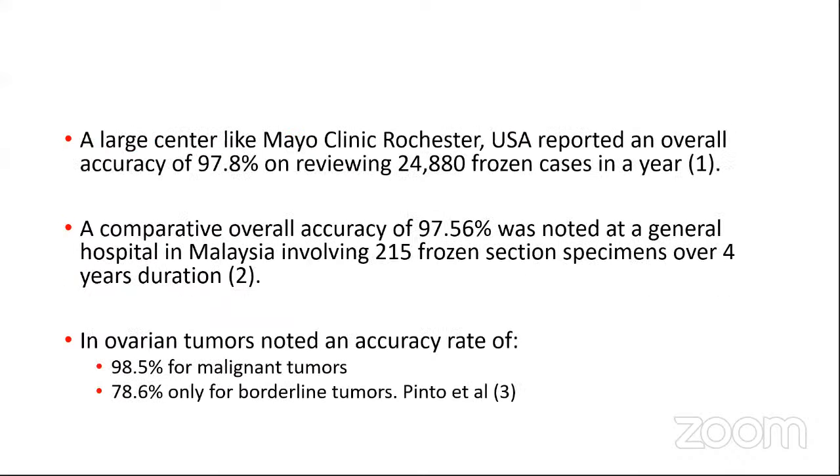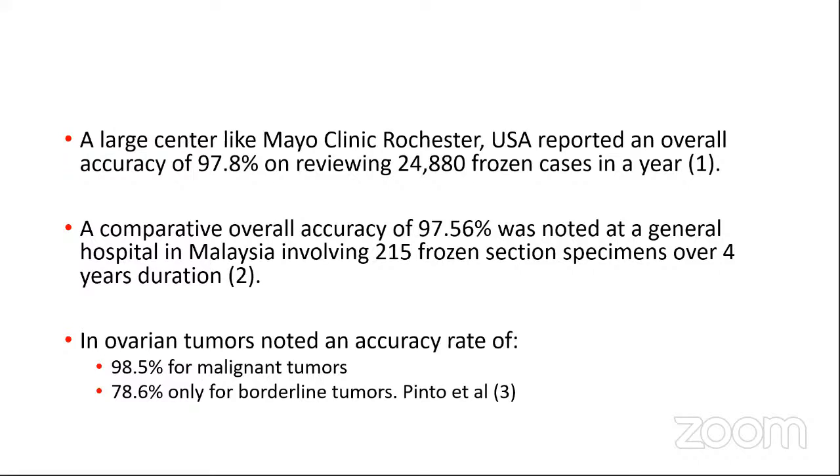A large center, Mayo Clinic, has issued an article reviewing 24,000 frozen sections over 1 year, and they showed 97% accuracy. Same result we got from another publication from Millage, 97% accuracy.